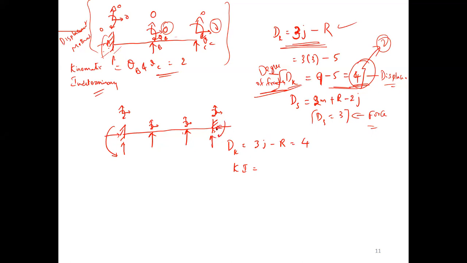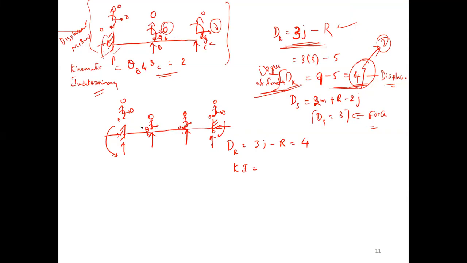These 3 reactions will not allow these 3 displacements to move. Because of this vertical reaction, it will not allow vertical displacement. This theta is allowed. This theta is also allowed. So this is B, theta B, theta C.